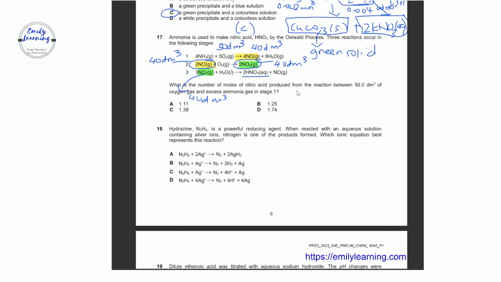So let's find the number of moles of NO2. 40 over 24 moles. So type it into the calculator. It gives me 1.67 moles.